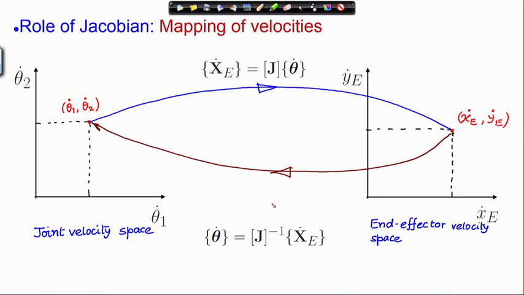So, that is the inverse relation. Now, for every point in the joint velocity space, there is a corresponding point in the end effector velocity space.